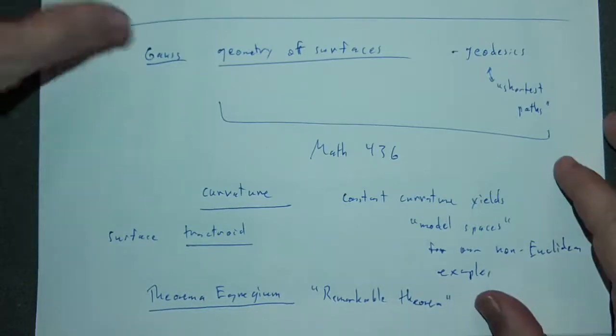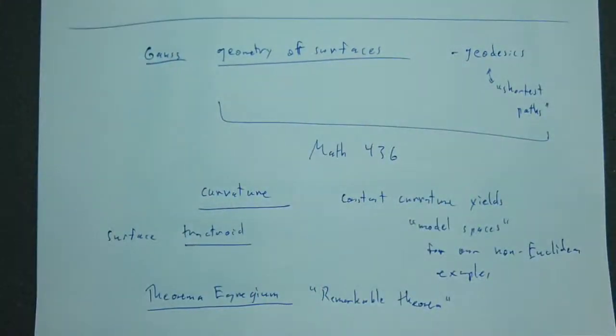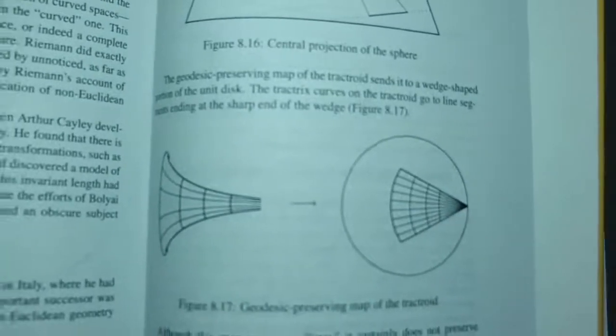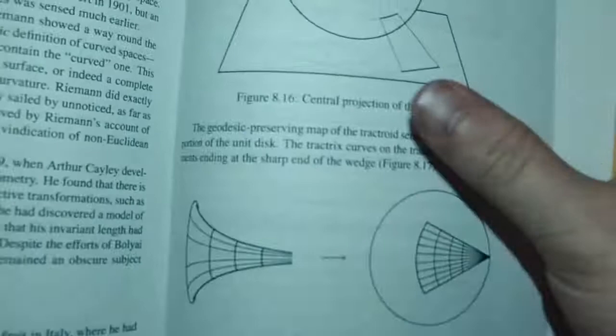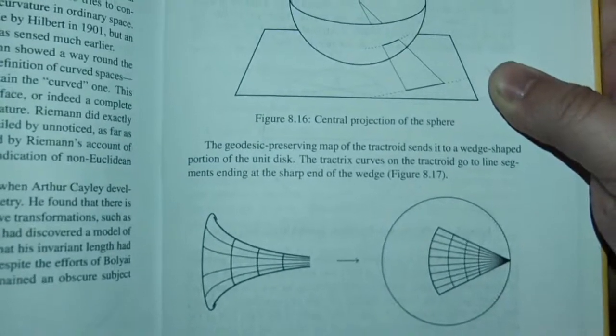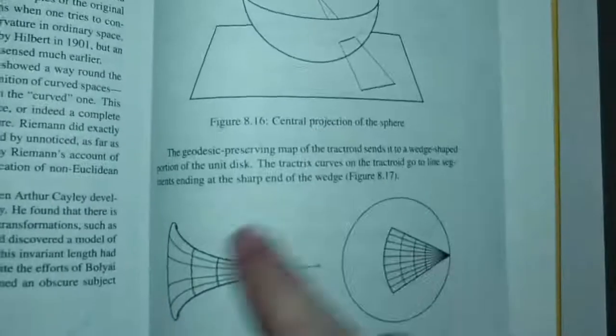And so this all leads to examples like the tractroid and various others. Here's an example of projecting the sphere, or preserving the geodesics, on the tractroid to the plane. This can be done in a way that sends the geodesics we talked about to Euclidean straight lines in the plane, in the projection.